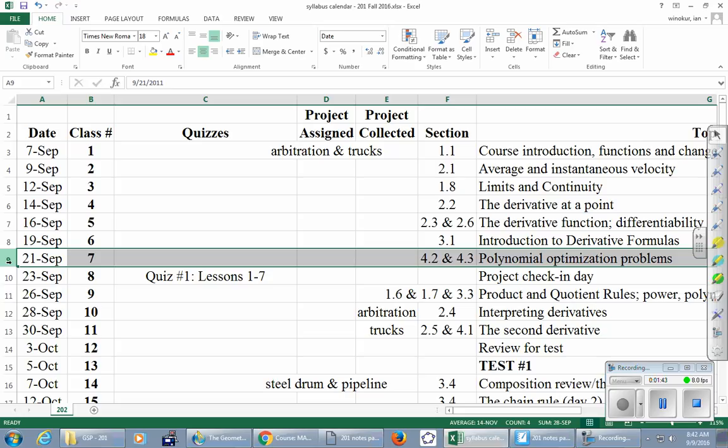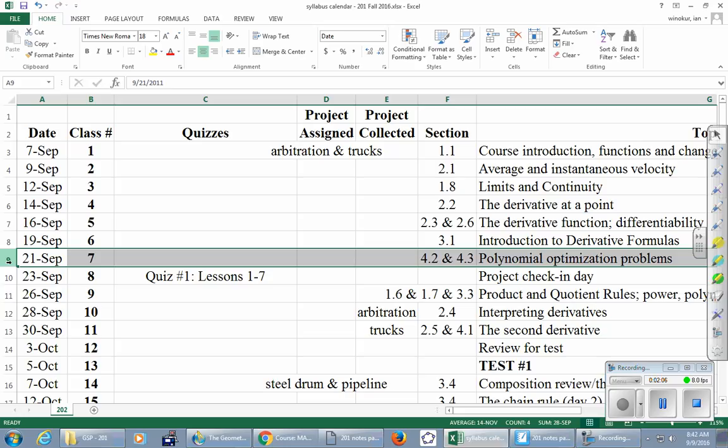And what we decided was that a lot of the really hard problems in the typical Calc 1 class happen in the last 3-4 weeks of the semester. And that's not so great for students to have all the hard problems happening back to back to back. And so we are going to try to space out the hard problems, and we're going to make a beeline to this category of hard problems. So that's why things are really out of order. But I promise we will get through everything that we're supposed to.